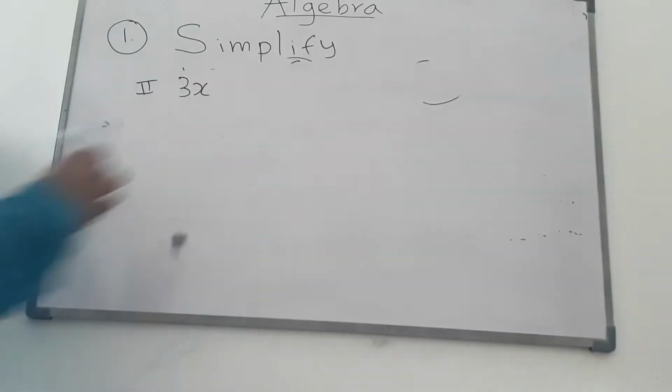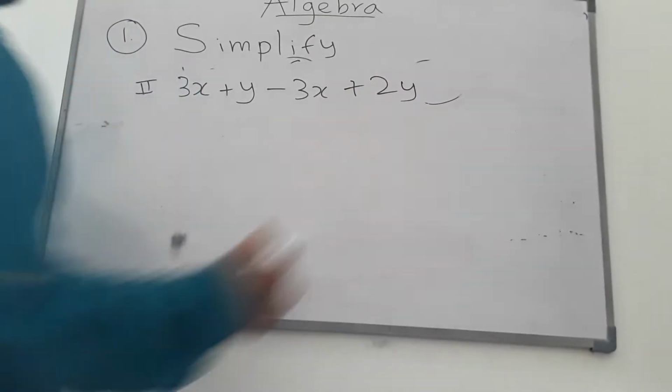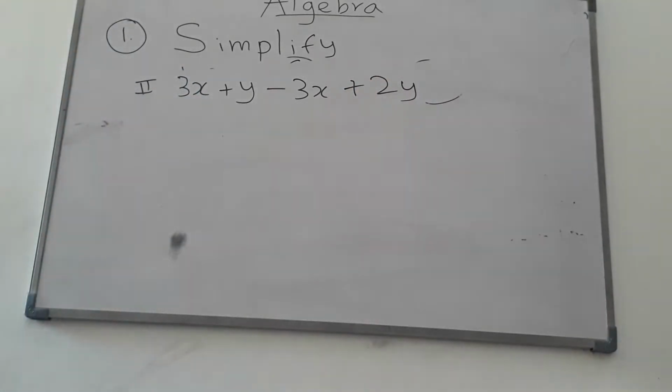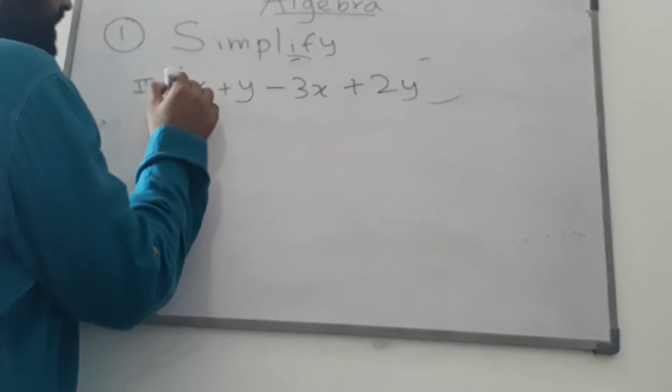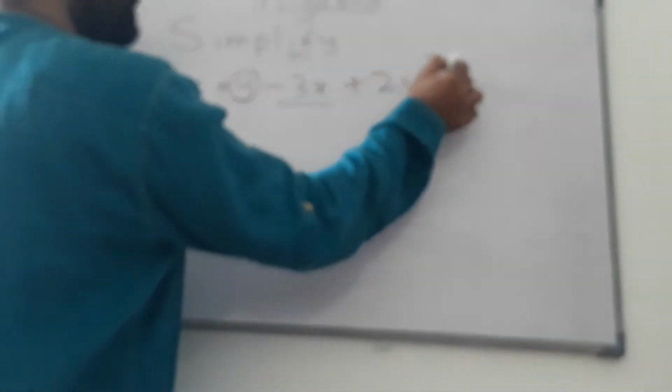3x plus y minus 3x plus 2y. Okay, first we have to collect x terms, then y terms. 3x minus 3x means 0x.